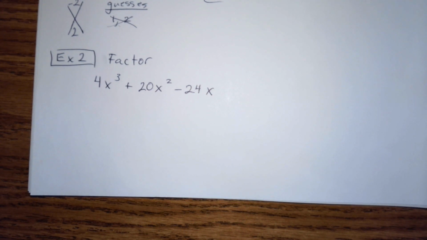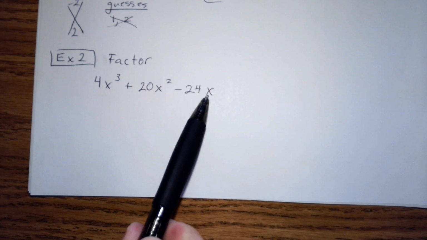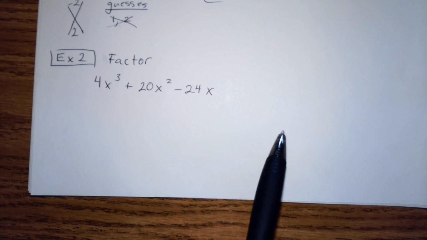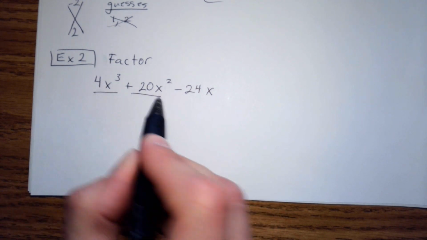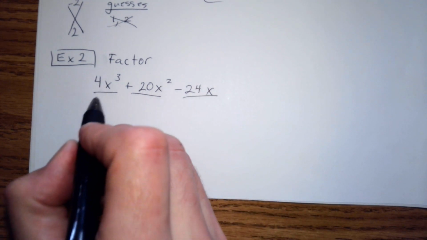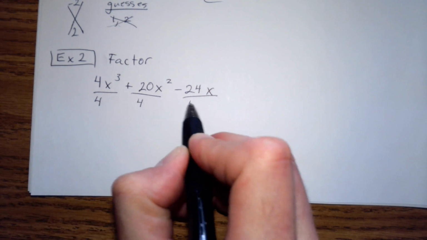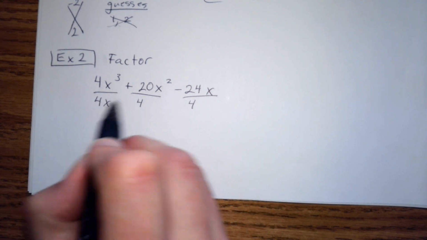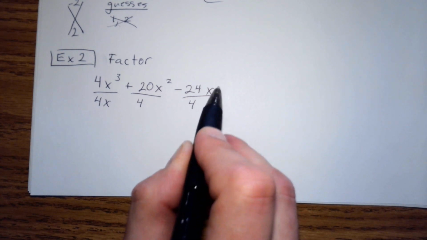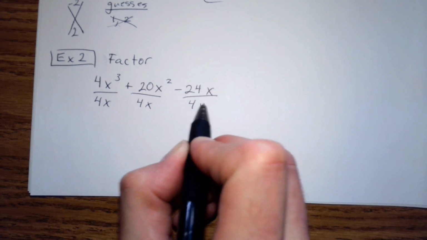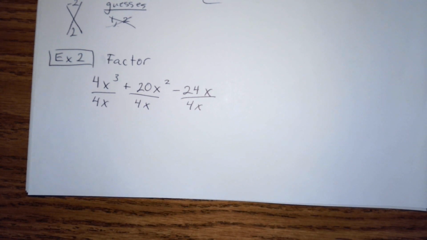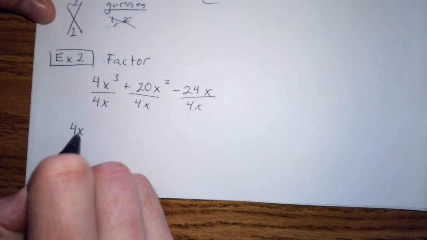What can we take out of this? 4 and an x, because everything has at least one x. So we can divide by 4 for the numbers, and x for the variables, because x to the 1 is the smallest exponent that we have. Whatever you divide by goes on the outside.